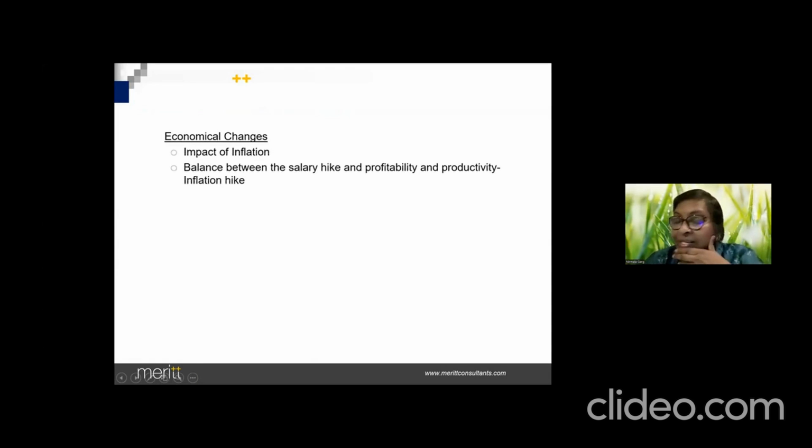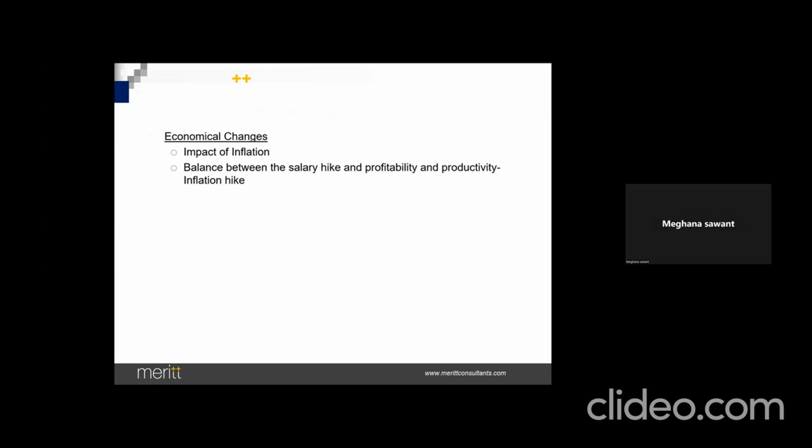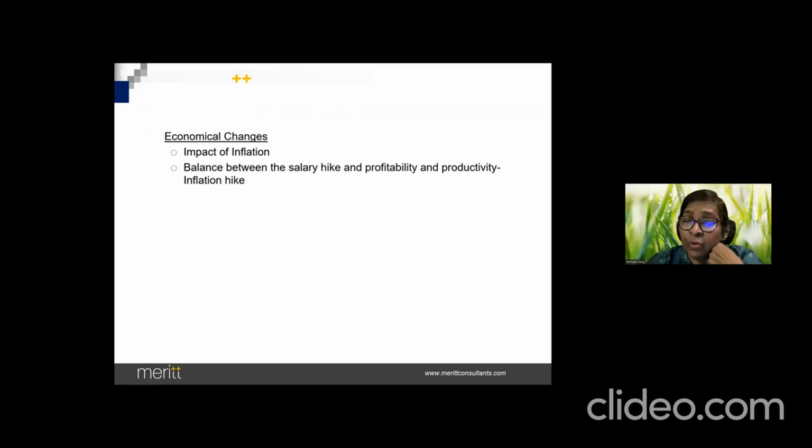Of course, people said economic changes. So what do you do typically? If there's inflation, you add inflation to it, so that there is a balance, because you need to take into consideration the COLA, that is cost of living, and add the COLA factor to it.